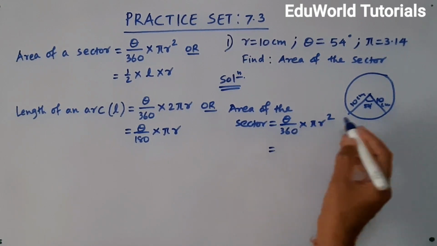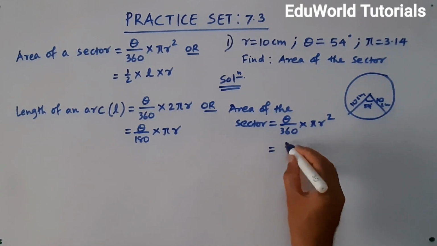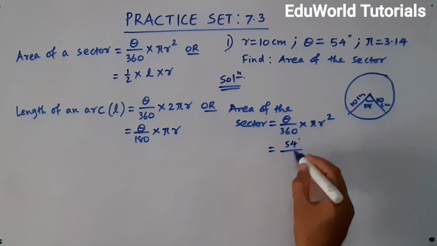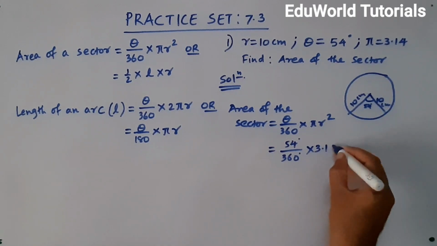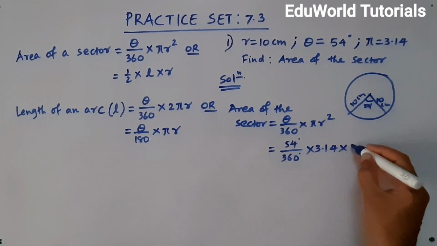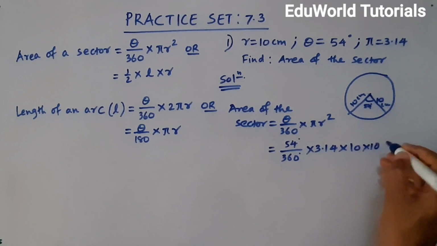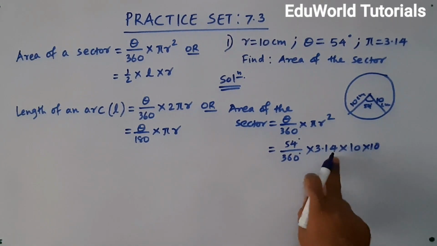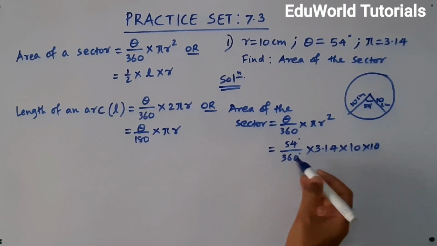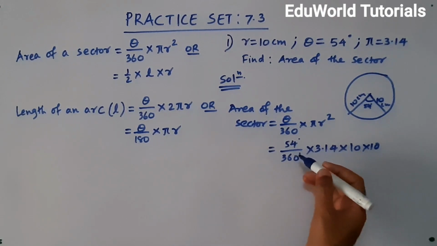Let us put the values. Theta is 54 degrees. These are very simple sums, students. 54 upon 360, multiplied by pi is 3.14, and radius is 10, so 10 multiplied by 10. 10 tens are 100, and 100 multiplied with 3.14 gives 314. And 54 and 360 will also cancel.